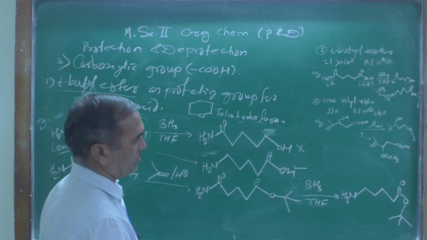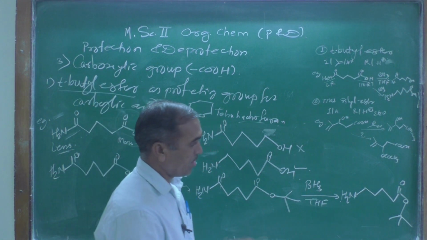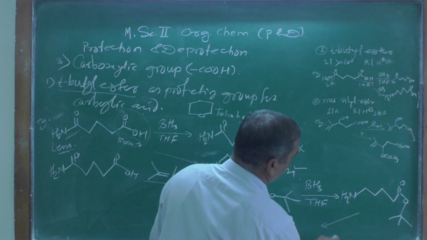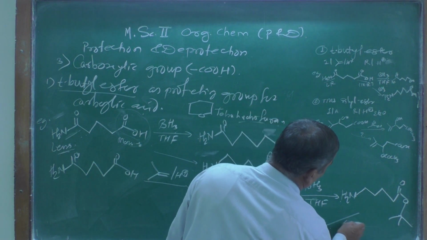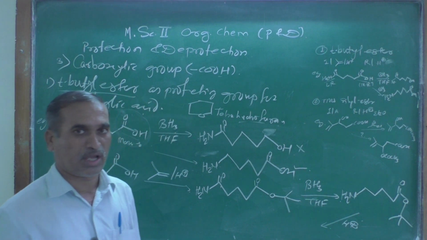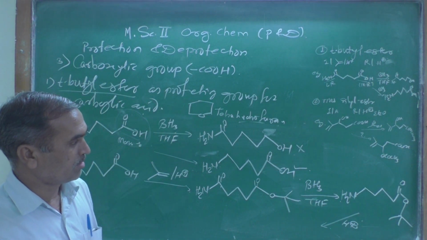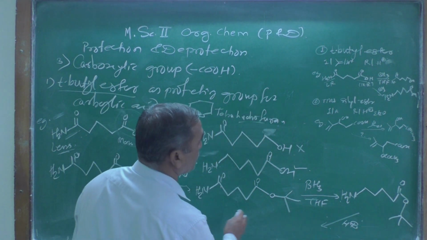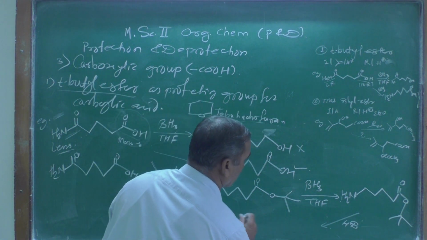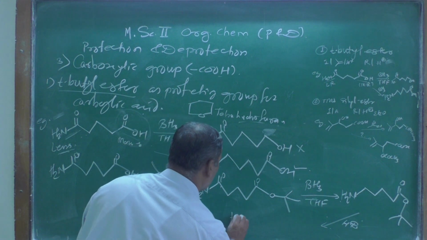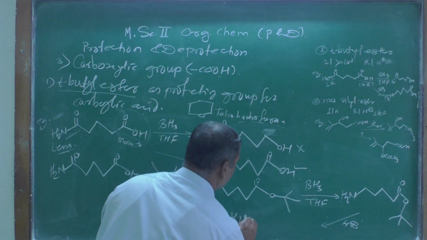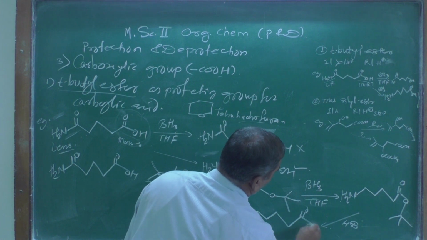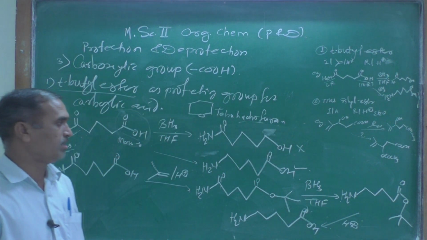After that one extra step is added. Then you can treat with H plus, that is, the deprotection can be carried out under the acidic condition, and what you are going to get, your target molecule, your desired product H2N, then this C double bond OH, that is your original product.